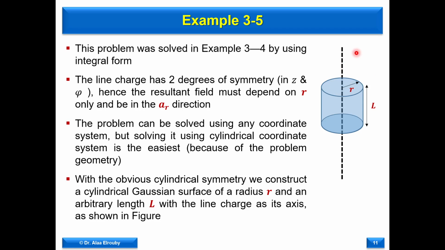From the geometry of the problem, as we discussed shortly before, there are 2 kinds of symmetry. Symmetry in the z direction: at any point, we have infinite extension of charges above and infinite extension of charges below. Also, we have phi symmetry, because if we fix an observation point and rotate the source around the z-axis, in the phi direction, we wouldn't notice any difference at the observation point.